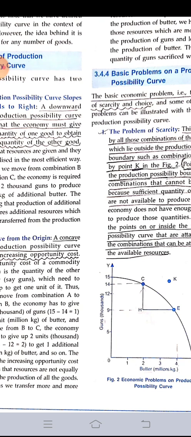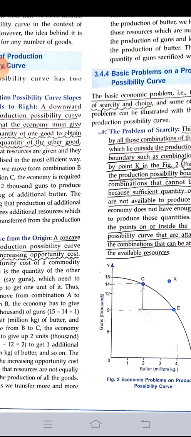A downward sloping production possibility curve indicates that the economy must give up some quantity of one good to obtain an additional quantity of another good. In our previous video, we took an example of two commodities, guns and butter.